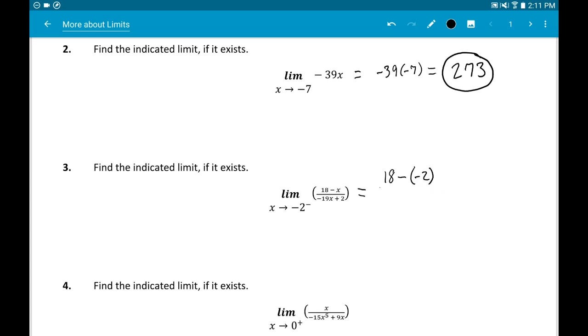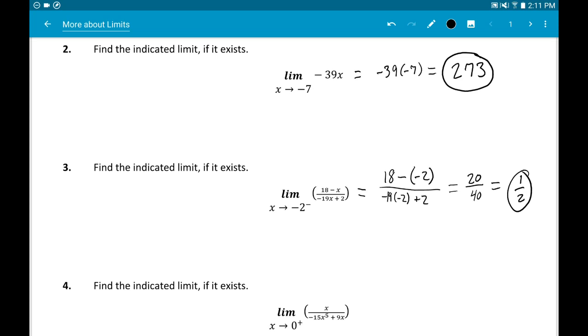Be careful with your parentheses. On bottom, -19 times (-2) plus 2. And we'll go through and we'll calculate that. So on top, that's really 18 plus 2, which is 20. On bottom, -19 times -2 is 38. Plus 2 is going to be 40. Well, that actually simplifies to be 1/2.